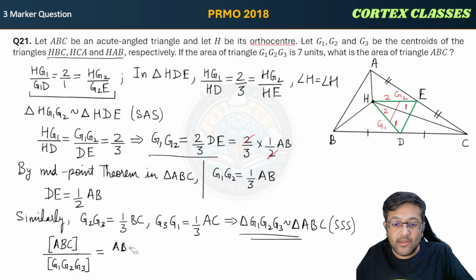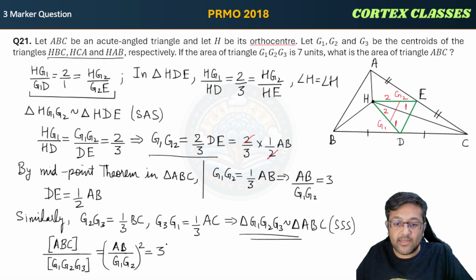You pick any one, AB upon G1, G2. It will be in the square of that ratio. And AB upon G1, G2 is 3, from the relation above. So that is 3 square, that is 9. So the ratio of the two is 9.